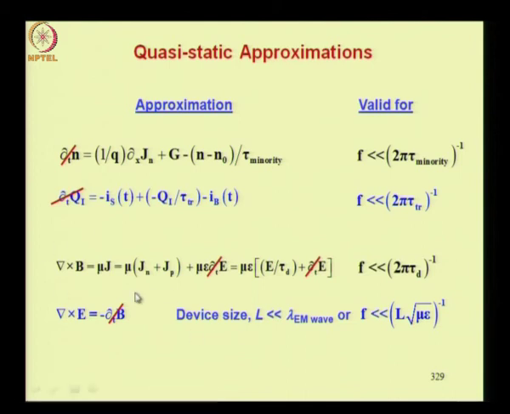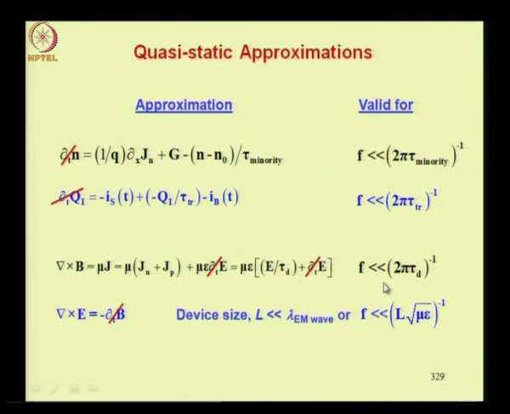So you can write this sum in this form, where we have assumed a drift current for Jn and Jp. So it is expressed in terms of E, and from here it is very clear that I can assume ∂E/∂t as negligible if it is small compared to E by τd, and therefore in terms of the frequency this condition will be valid if f is much less than 1 by 2π τd.